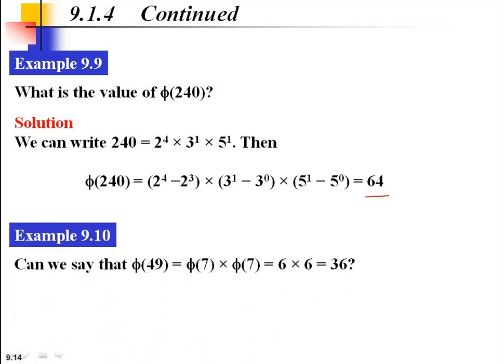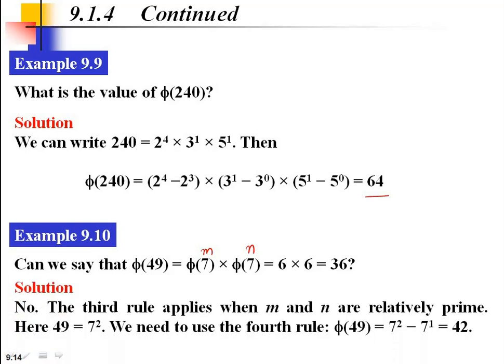Similarly, take one more example, phi of 49. In this case you may be tempted to factor 49 as 7 into 7, but we cannot apply the third rule, because in that rule, suppose this is m and this is n, m and n should be relatively prime to each other, but since 7 and 7 are not relatively prime to each other, we cannot apply this rule.